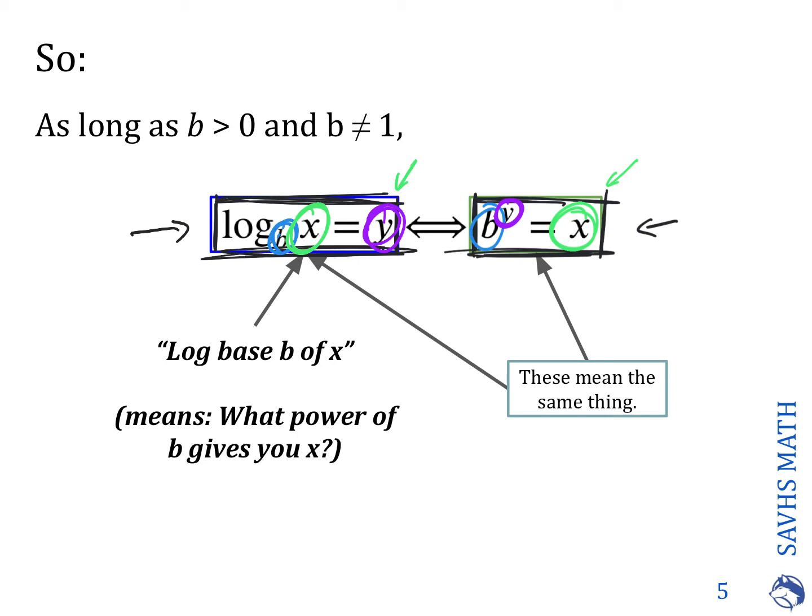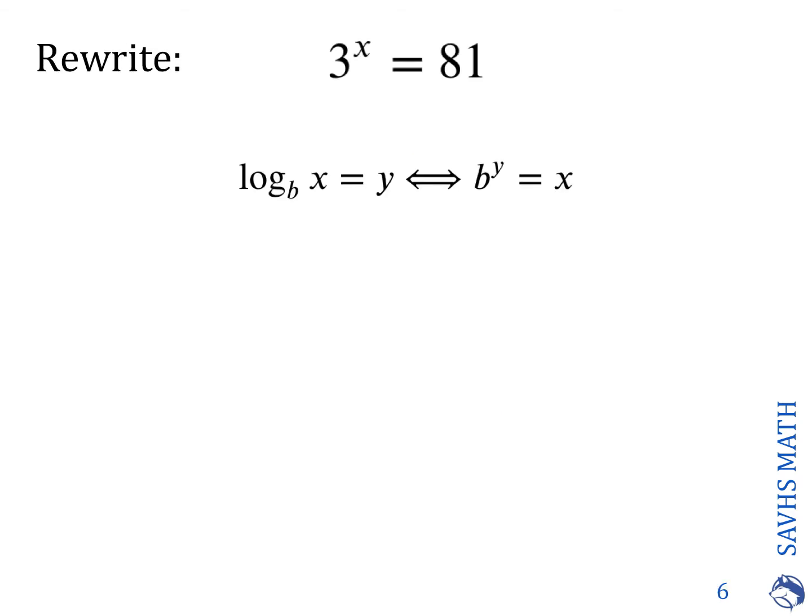What you really need to know is that they mean the same thing, and that we say log base b of x to say this part out loud. What it means is what power of b gives you x. Okay, so if we just rewrite this equation, this is exactly like what we just saw on the last slide.